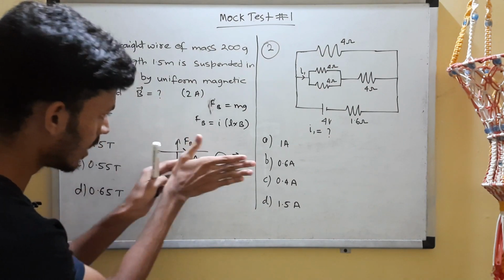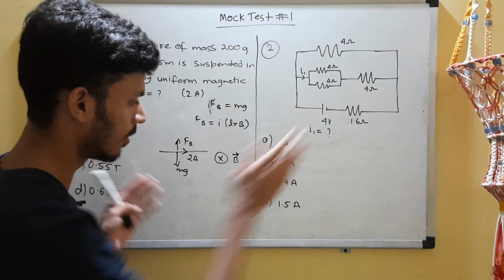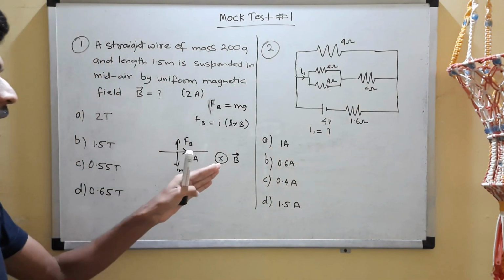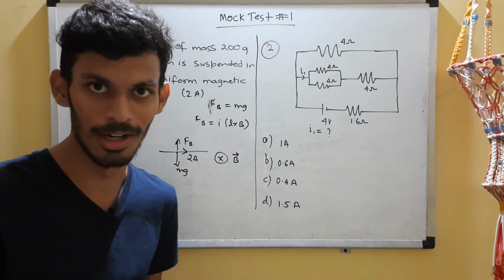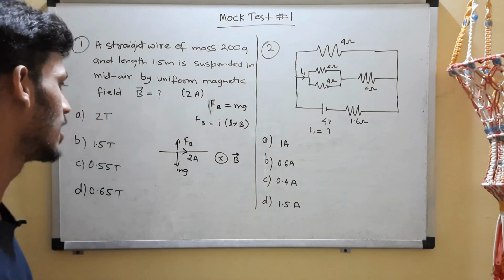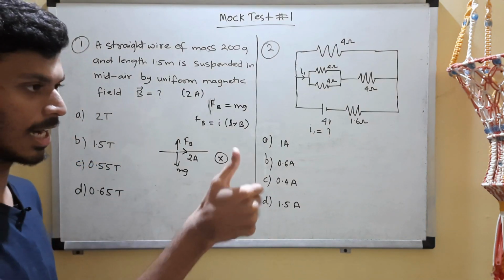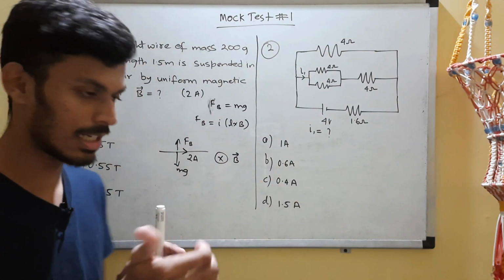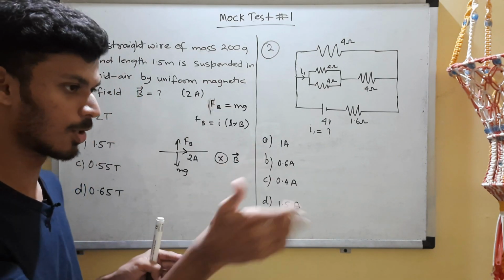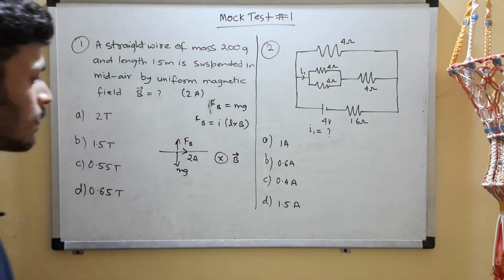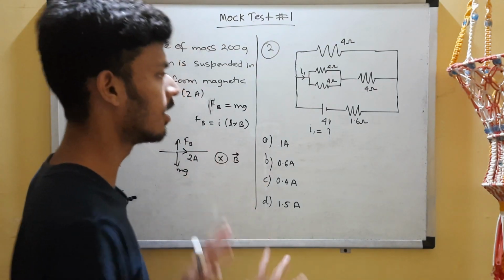So basically L is along this direction in the plane of the board. Then we have B. If it's inward, then the force will be upward. So basically we are reverse engineering it. We want the force in the upward direction, so L should be along this direction and B should be inward. So force is upward, L cross B upwards, right? So B will be in the inward direction.